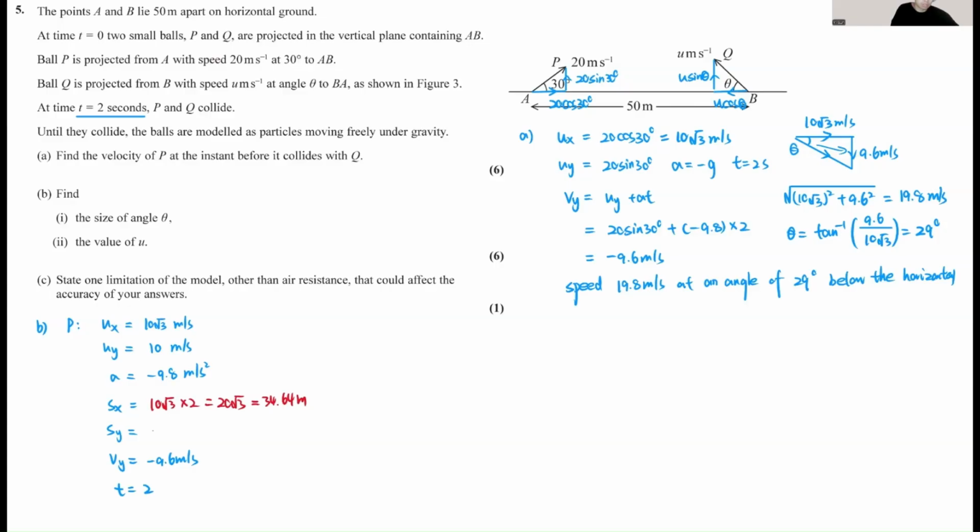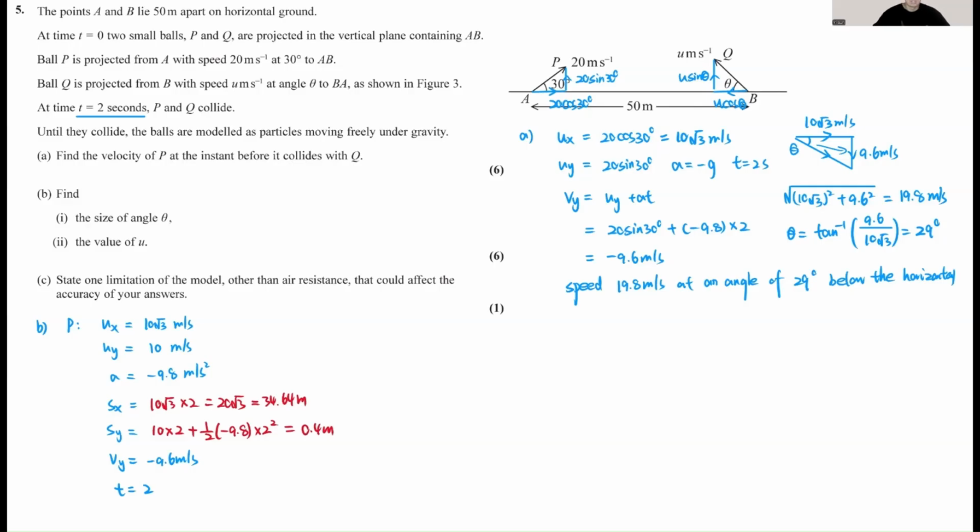So U is 10 times T, which is 2, plus half times A, which is negative 9.8, times T, which is 2, squared. Put in the calculator, we have 20 plus half times negative 9.8 times 2 squared, 4. So we have 0.4 meters.